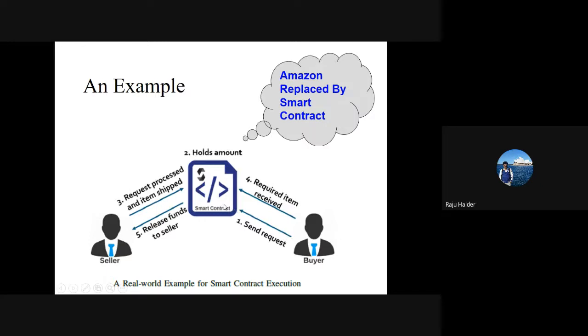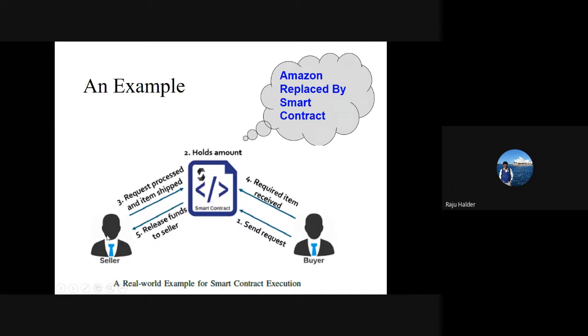When the buyer pays the money, that money will be with the smart contract. It will not be given to the seller. So a smart contract can hold cryptocurrency. When the buyer sends cryptocurrency, it will be with the smart contract, and the seller will be notified that yes, the buyer has paid and the payment is with the smart contract.